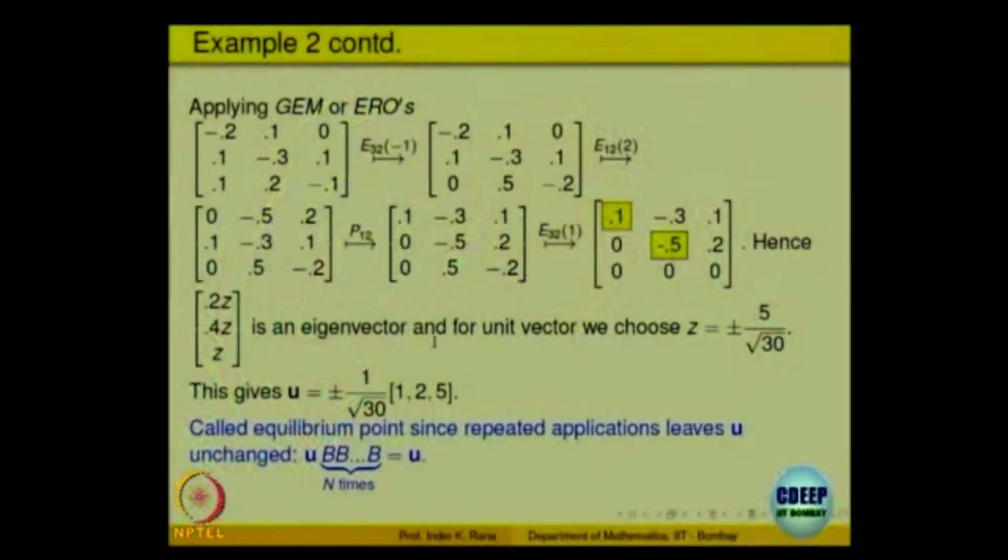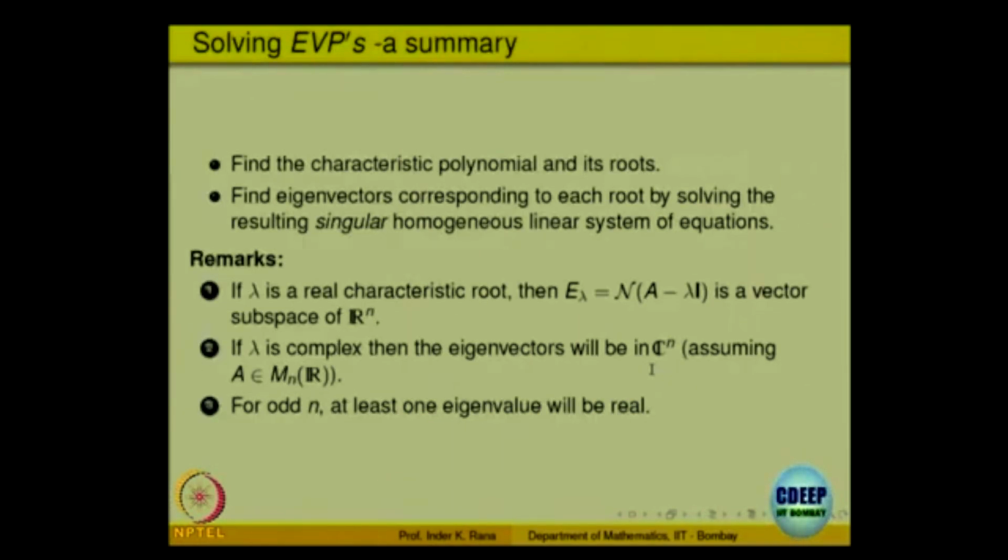Okay. So the important thing is that for the eigenvalue lambda equal to 1 of a stochastic matrix, you can find the eigenvector. So this has importance in other subjects. So let me summarize. The eigenvalue problem is basically: find the characteristic polynomial, find its roots, and find eigenvectors by solving the resulting singular homogeneous system, right?